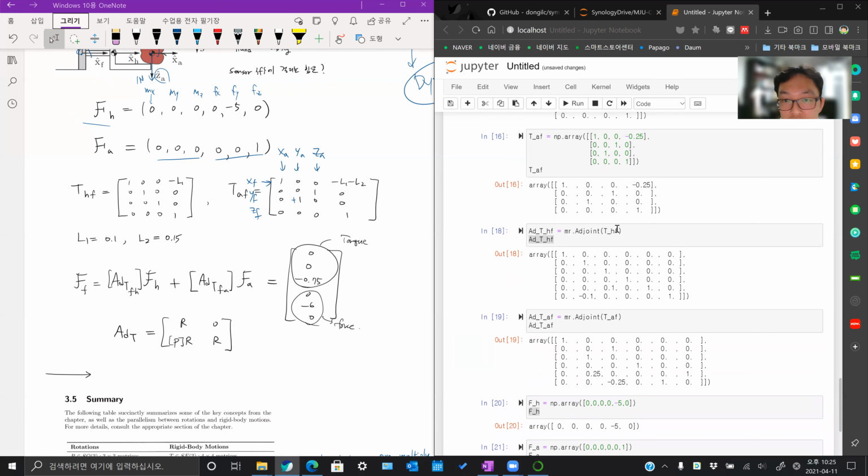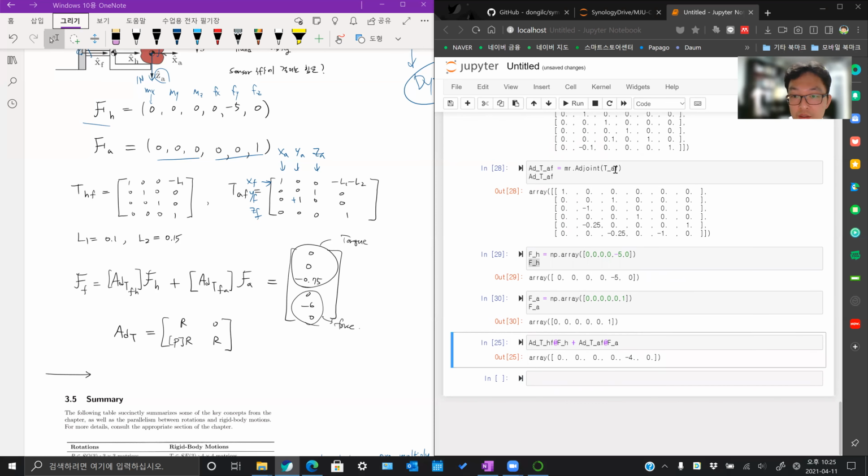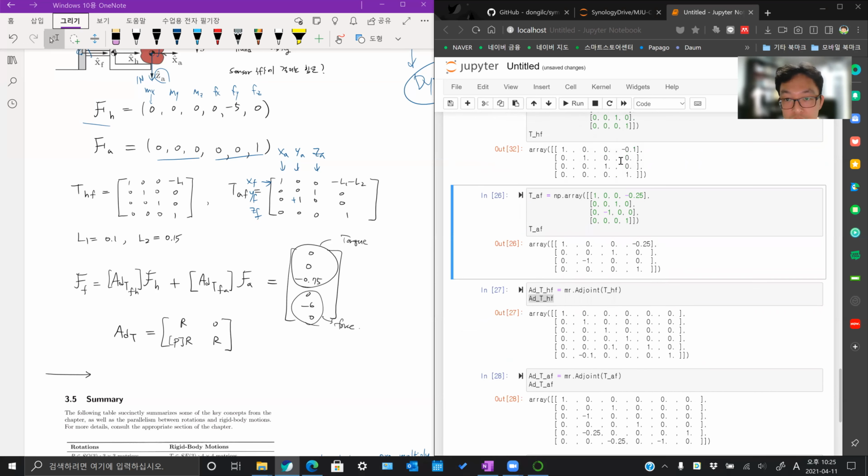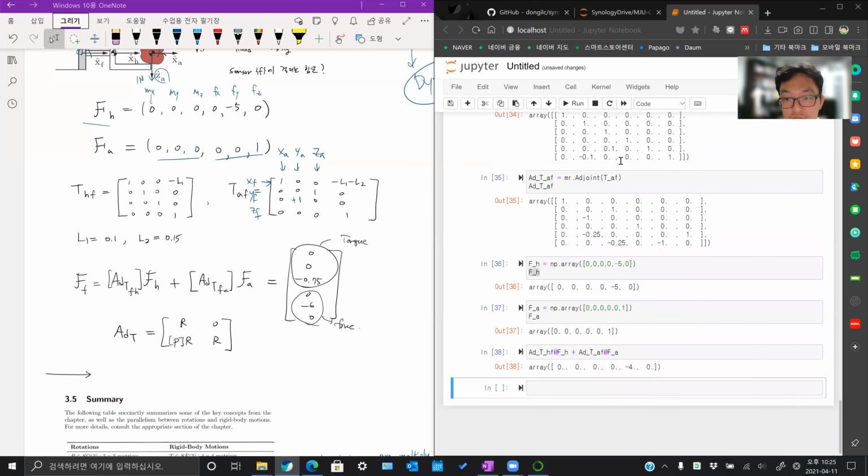Okay, this is a little bit different. If we use this one as minus, okay, this is not exactly what we want. Okay, let's think about this.